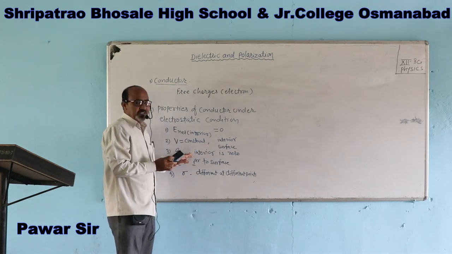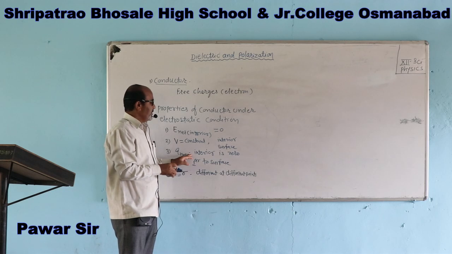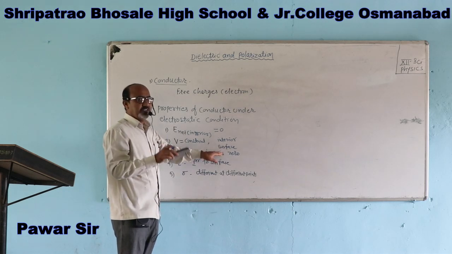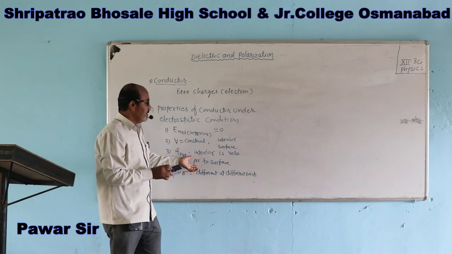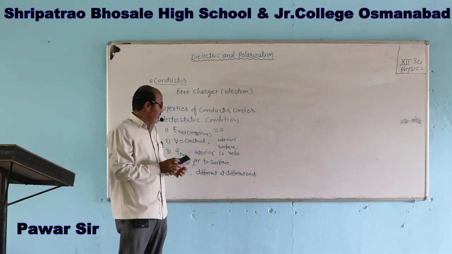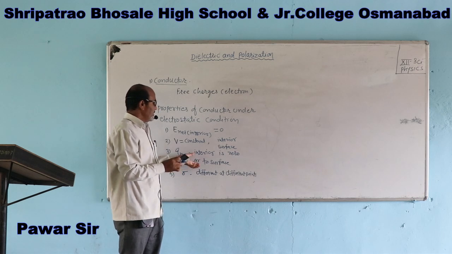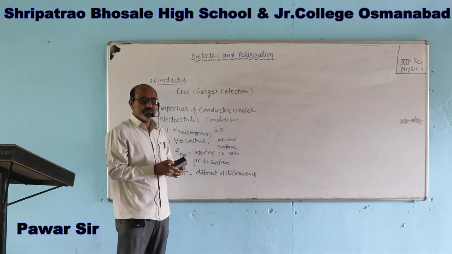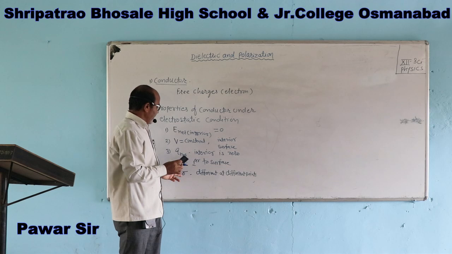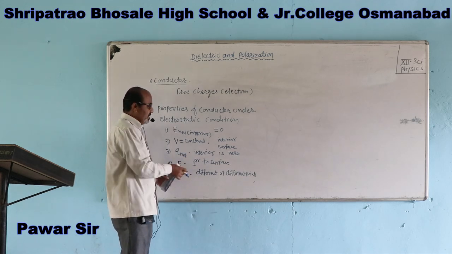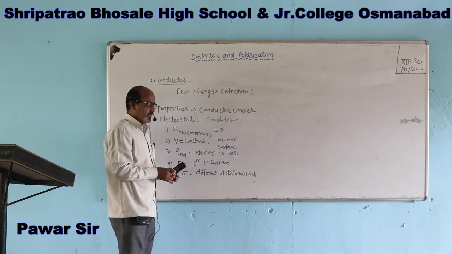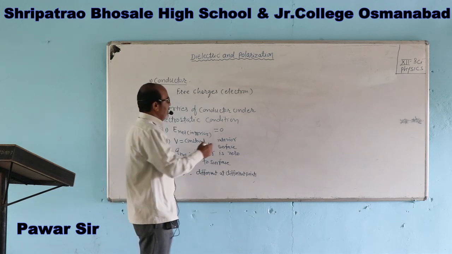Net electric charge inside the conductor is zero. Electric field at any point near the surface of a charged conductor is always perpendicular to the surface of the conductor. And how are charges spread on it? Surface charge density may be different at different points, or may be the same.